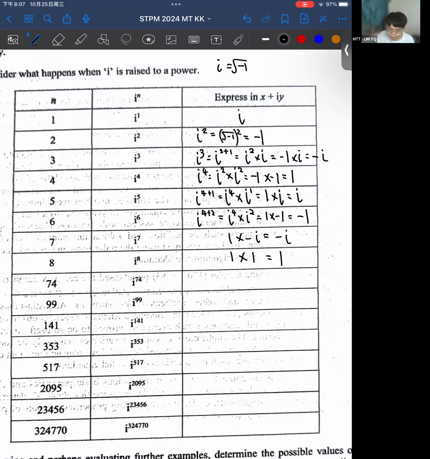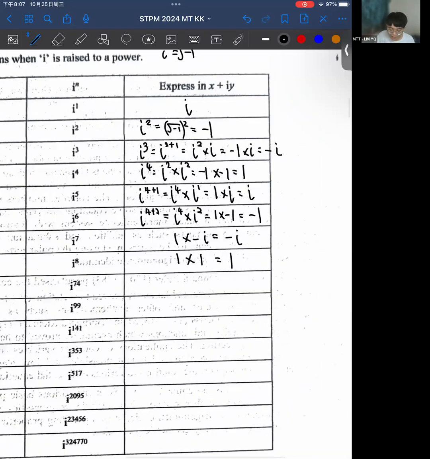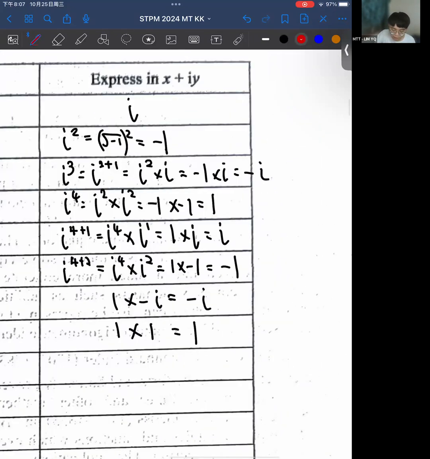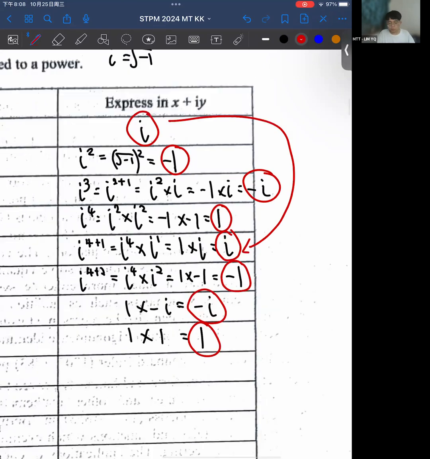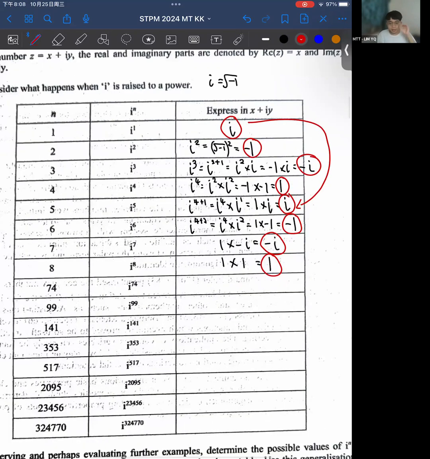Look at this pattern: i, -1, -i, 1, and then it comes back again to i, like the first one. Then again -1, -i, and then 1. What can you observe about the pattern? If you can take out a 4, it will just be the same as 1, 2, 3, 4.